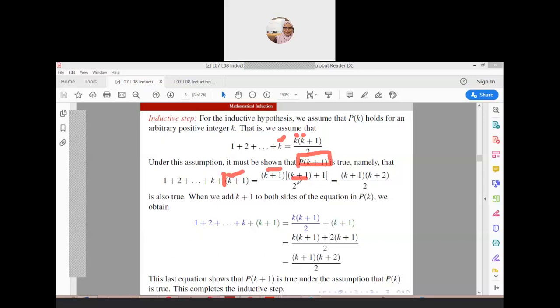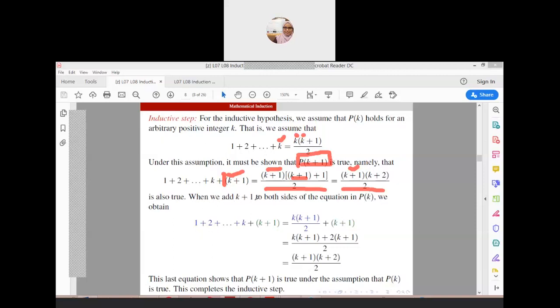Now from this, we know that k plus 1 here becomes k plus 1, and k plus 1 here becomes k plus 2. So k plus 1 times k plus 2 divided by 2. We get that k plus 1 times k plus 2 divided by 2 is also true.